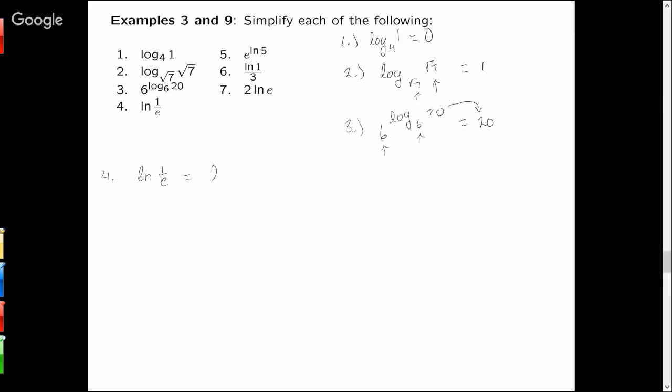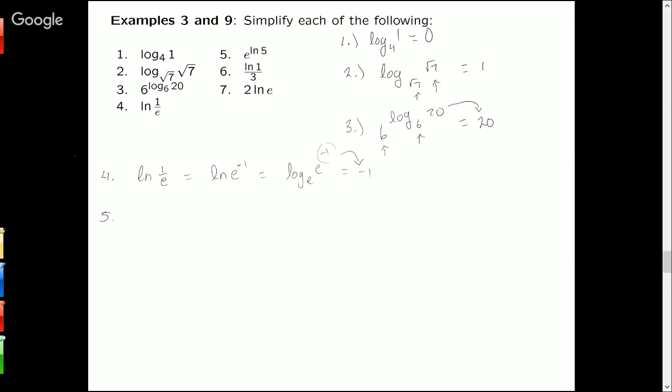Let me write that as the natural log of e to the minus 1. This is our 4th rule. It says if your base is the same, and it is because this is a log base e of e to the minus 1, your answer is just going to be your exponent. So in this case, it's just minus 1.